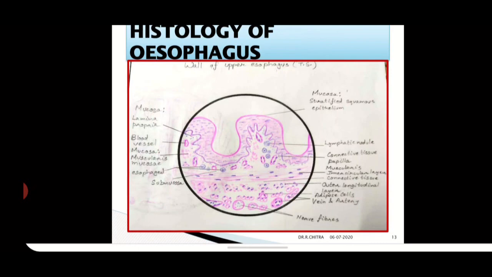First is stratified squamous epithelium non-keratinized, the second point is the submucosal glands, they are mucus glands, and the third point is skeletal muscle fibers in the upper part of the esophagus. So these are the three important points you should note in the histology of the esophagus. The next slide of the GIT we will see in the next class.